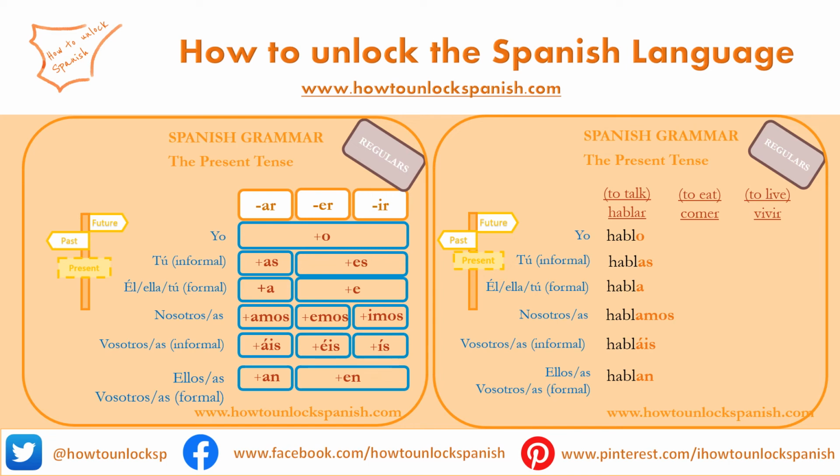For comer will be yo como, tú comes, él come, nosotros comemos, vosotros coméis, ellos comen. For vivir will be yo vivo, tú vives, él vive, nosotros vivimos, vosotros vivís, ellos viven.